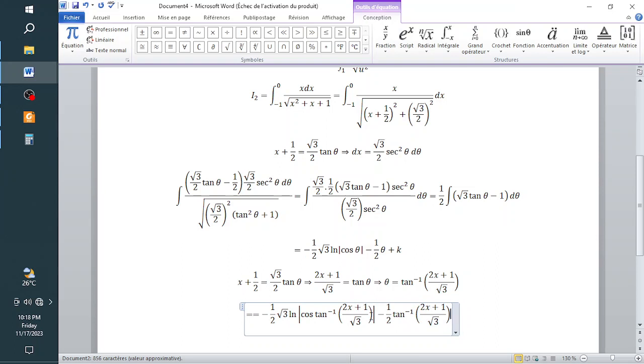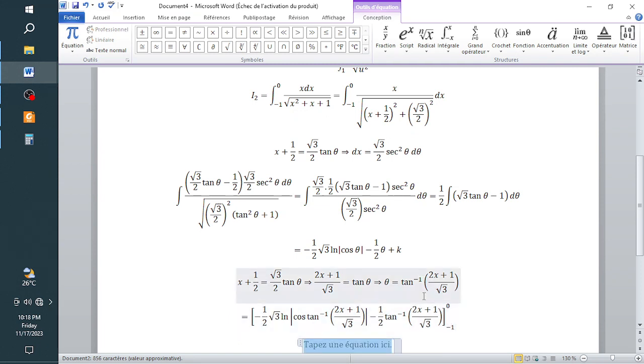Alright, so that is our integral. I just need to now put the limits of integration back, since I've replaced everything back to x, from -1 to 0.